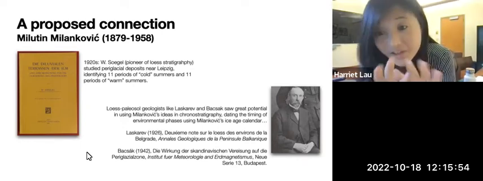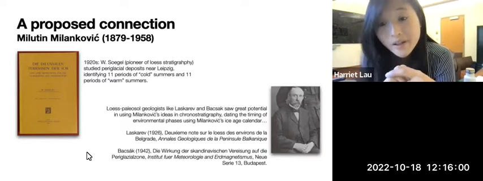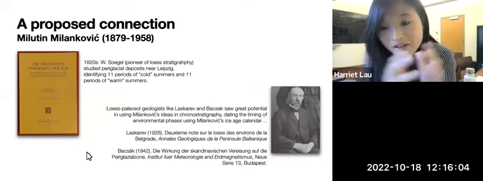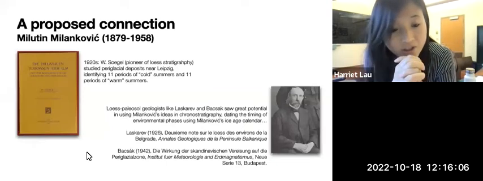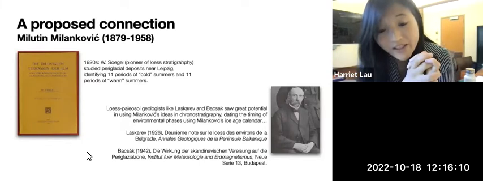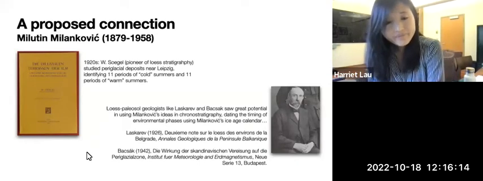And so actually the earliest attempts of chronostratigraphy, a practice that underpins paleoclimate today, involved two loess paleosol Hungarian geologists, and they tried to calibrate what they called the environmental phases using Milankovitch's ice age calendar.